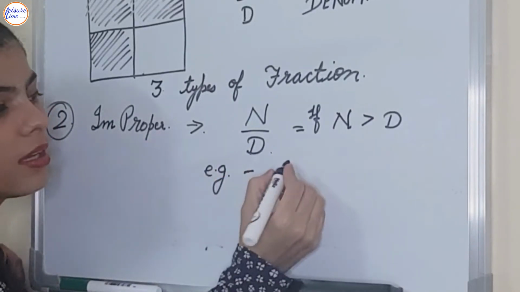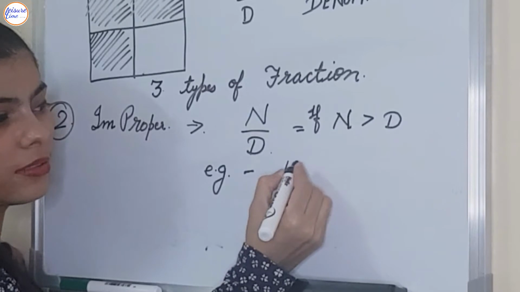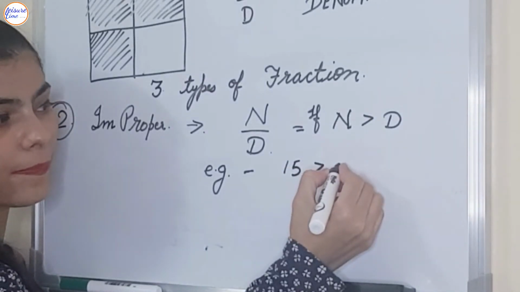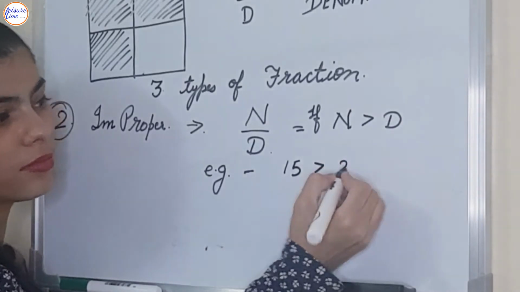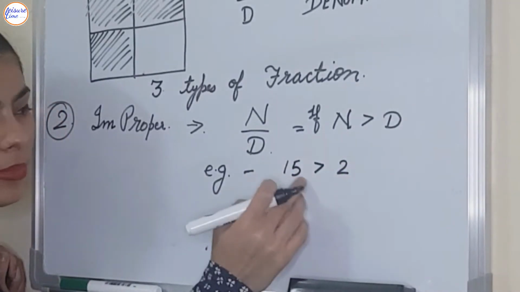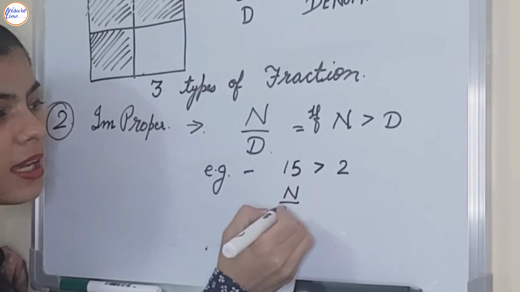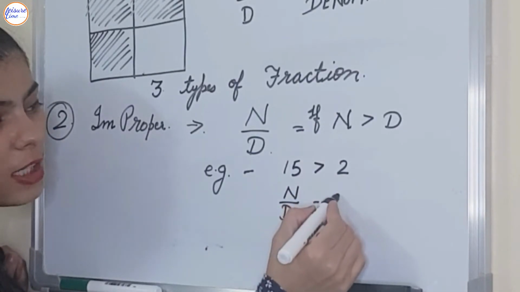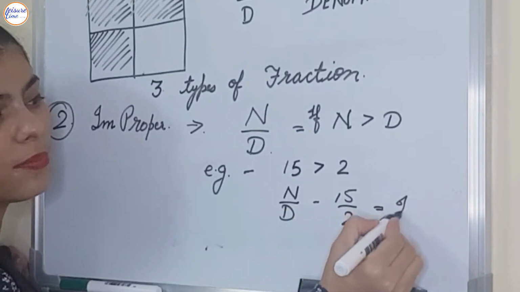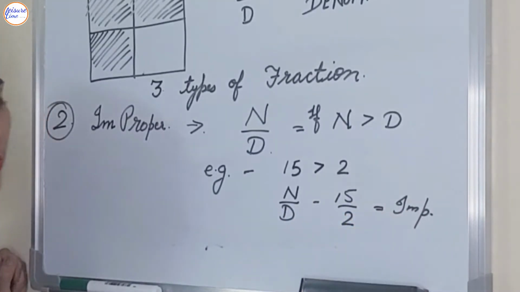For example, 15 and 2. So which number is greater? 15. Means 15 is the numerator and 2 is the denominator. So it means this is improper fraction.